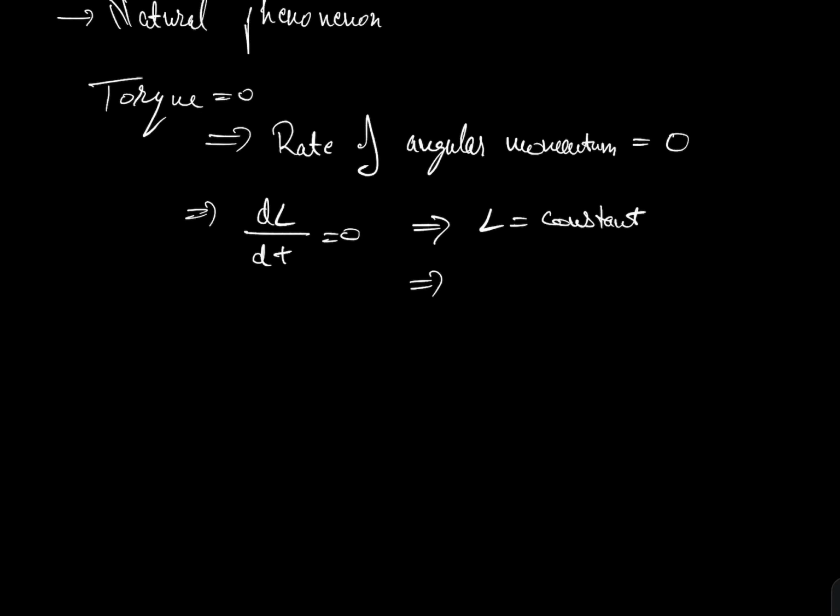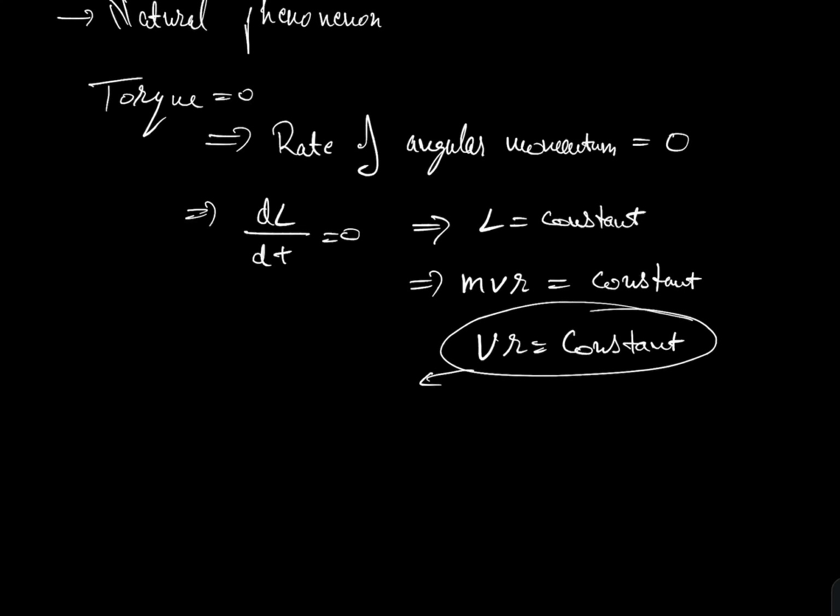What is angular momentum? mvr, right? r is radius, v is velocity, m is mass. Which also implies that mvr is equal to constant, right? Now mass is a constant quantity, so we can say vr is equal to constant. This is my equation for free vortex flow. Fine, vr is equal to constant.